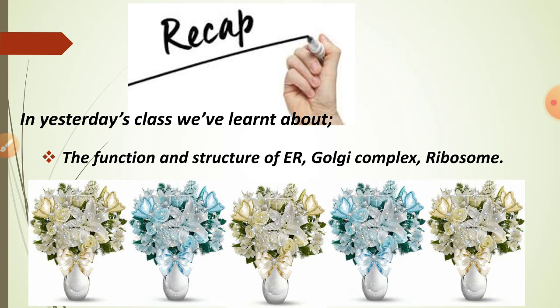So what are the components of endoplasmic reticulum? Cisternae, vesicles and also tubules. What are the components of Golgi? Cisternae, vesicles and also tubules, but additionally a vacuole is present. Cisternae in ER are long flattened units, and in the Golgi body they are elongated flattened sacs.